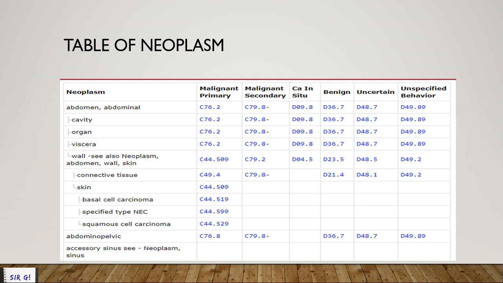You can find the table of neoplasms in your alphabetic index, the gray one, the first part of your book. When you are coding neoplasm, you need to know first your anatomy, because your codes in neoplasm are divided based on anatomical location.